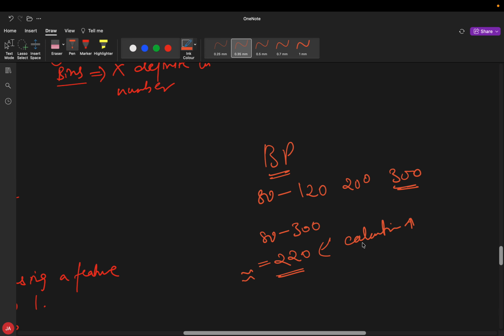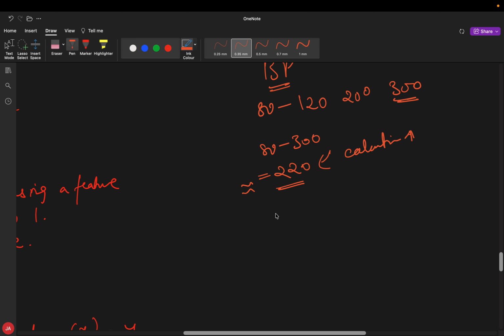Therefore my model creates bins, let's say 80 to 100, 100 to 120, 120 to 140, and so on.